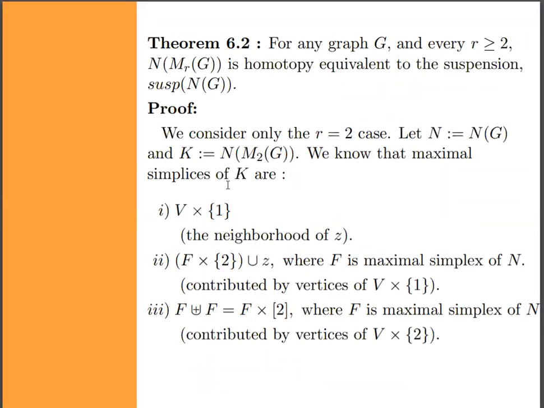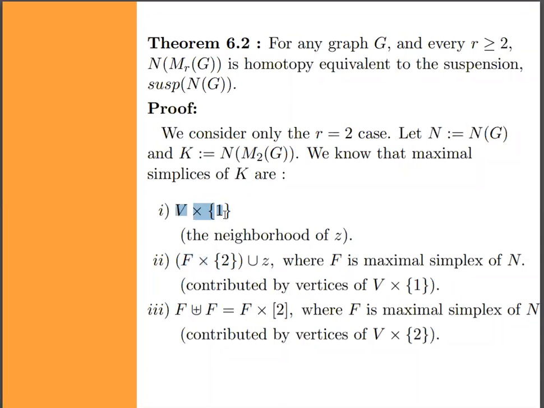So the maximal simplices of K are these three. First, there is a V cross 1 part. This is a maximal simplex. Then there are simplices of this form, where F is a maximal simplex of N. And then there is the middle part, which looks like a cone with base N. So this and this are the two N parts.